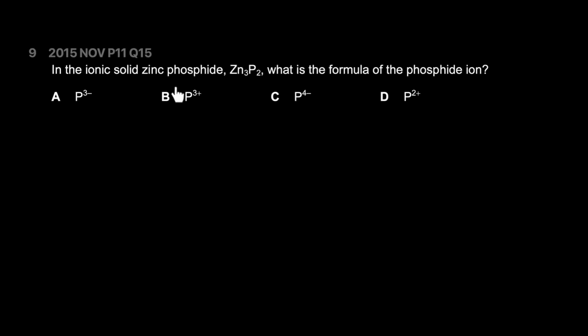In the ionic solid zinc phosphide, Zn3P2, what is the formula of the phosphide ion? Well, some basics. This is a good question where a lot of people can just come up with ionic formulas for ionic compounds, but this really tests your understanding, right? So let's take a look at zinc and then phosphorus.